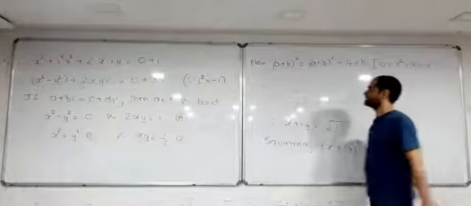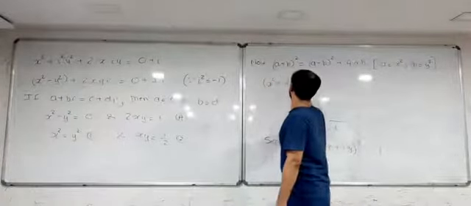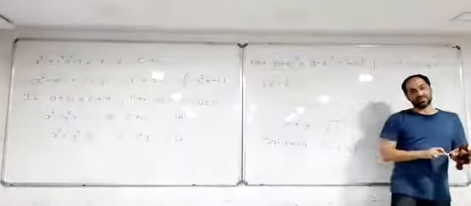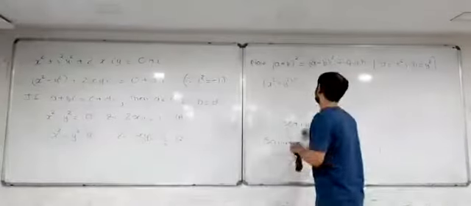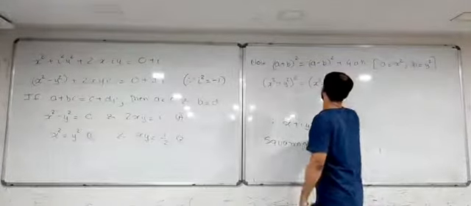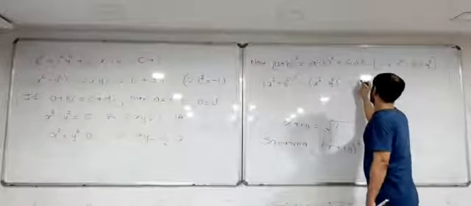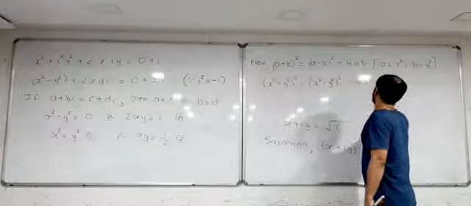Okay. This becomes x square plus y square the whole square. x square plus y square the whole square is x square minus y square the whole square plus 4x square y square.